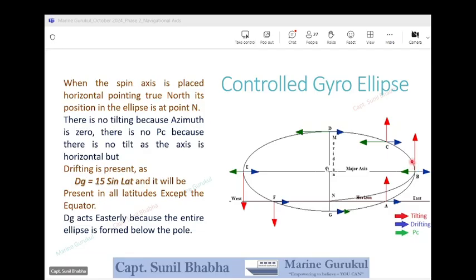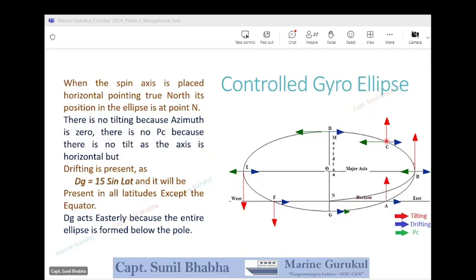So you see after crossing point B, the spin axis starts to move westwards. Now when it moves westwards, the azimuth of the spin axis is reducing. With the azimuth reducing, the tilting is also becoming weaker and weaker. So you see at point Charlie, the azimuth has reduced as compared to point Bravo.